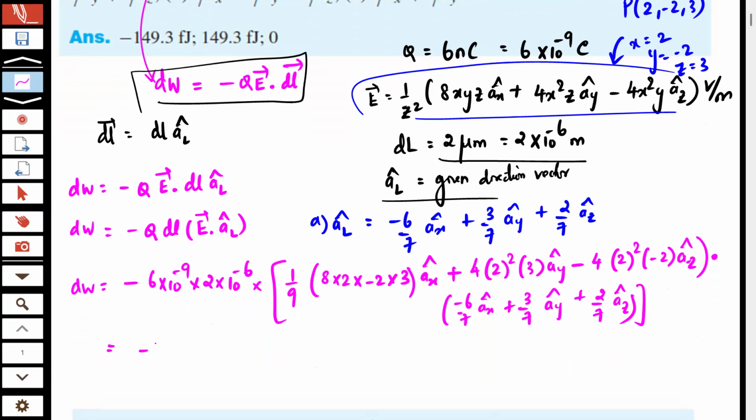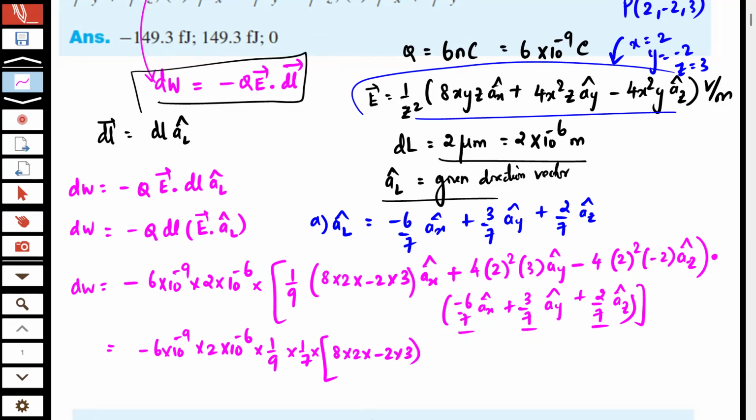So minus 6 into 10 power minus 9 into 2 into 10 power minus 6. And 1 by 9 is common. I can write this 1 by 9. And we can take 1 by 7 common from all these terms. So I'm writing 1 by 7 also common. Then multiplied with, I can write this 8 into 2 into minus 2 into 3.